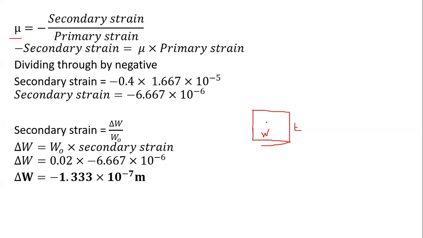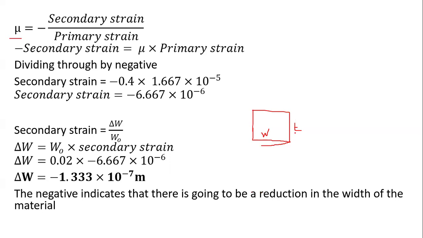So both width and thickness make use of the secondary strain. So let's go then to the thickness. Of course, here we're interpreting this change in width: the negative indicates that the width is decreasing. The width is reducing. That width is being compressed.